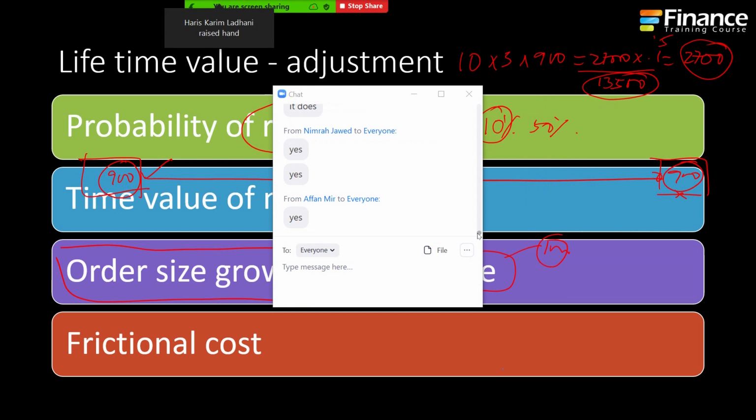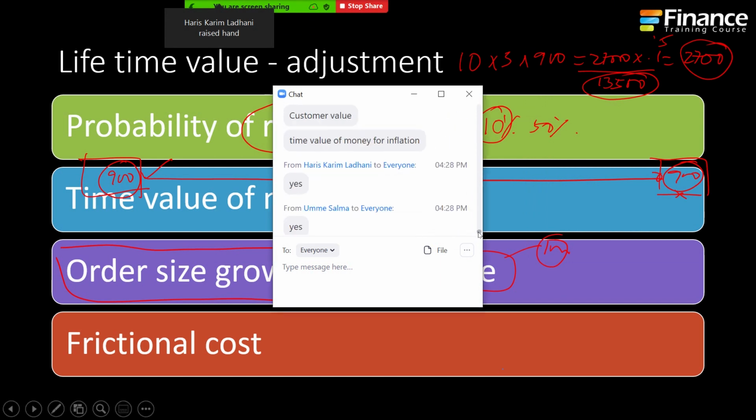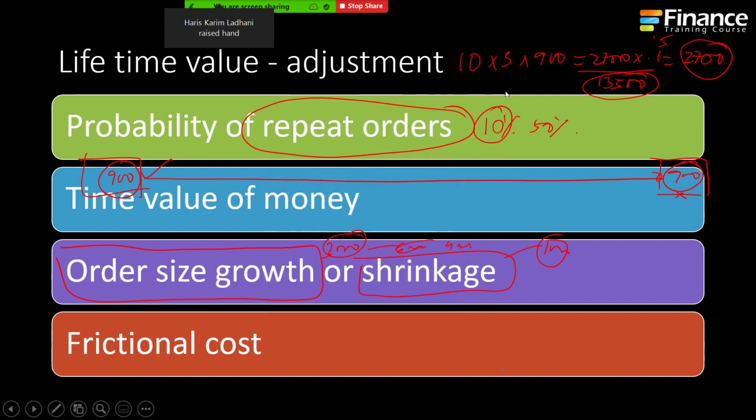Sir, but that's for one single line of sandwiches. Maybe if I change it or if I advance to that. But what if I have different lines of products and each has different types of customers? So won't that complicate things a bit? Yes, it would. So we normally try to focus on a set number of segments and a set number of products. Otherwise, you would get distracted.